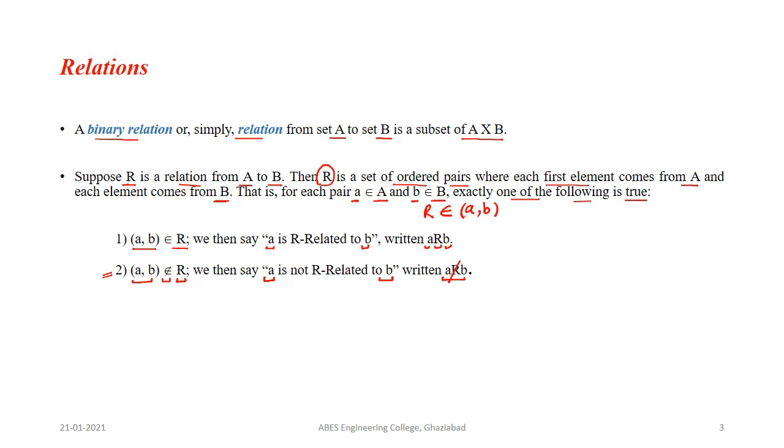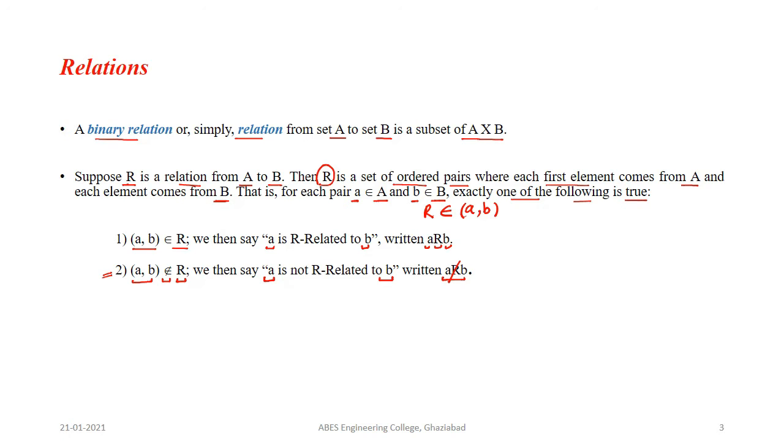And exactly one of the following will be true. First, the ordered pair (a, b) belongs to R. It means a is related to b, and we can simply write it as aRb. It will be read as a is related to b.